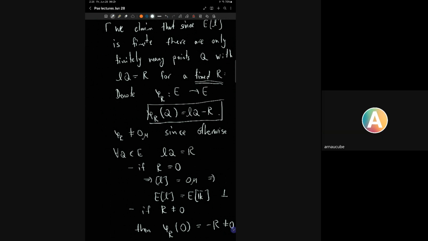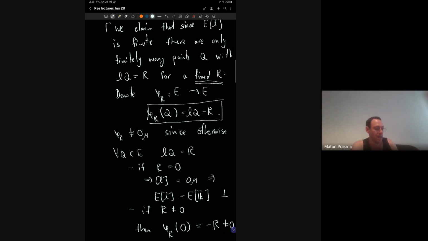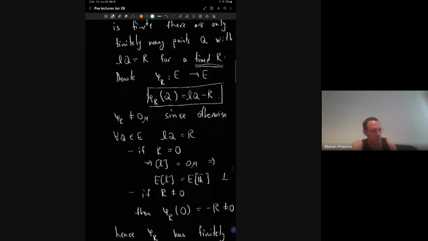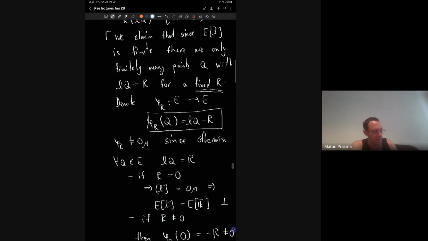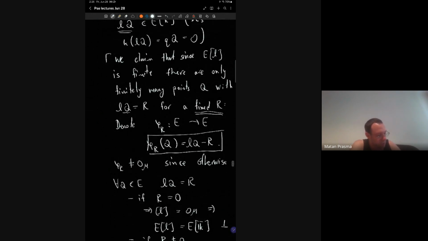Okay, but this is a rational function. A rational function can only have finitely many poles. So the points Q such that if I multiply Q by L, I get any R that you want, for a fixed R, they are finite.